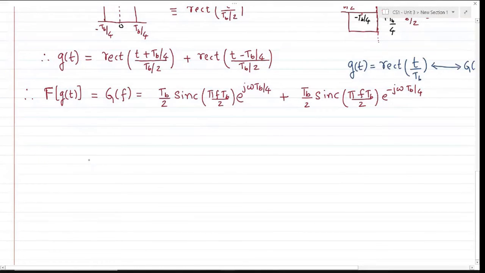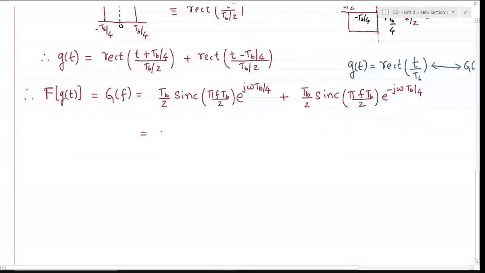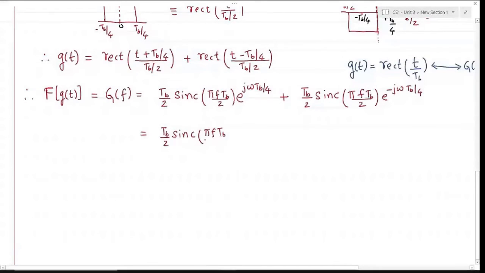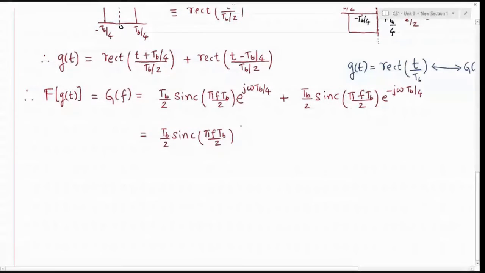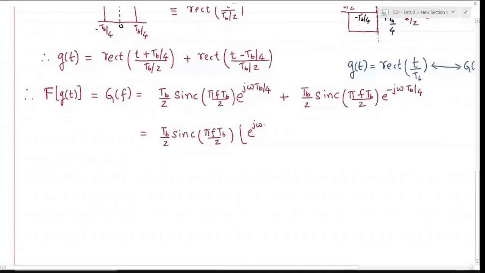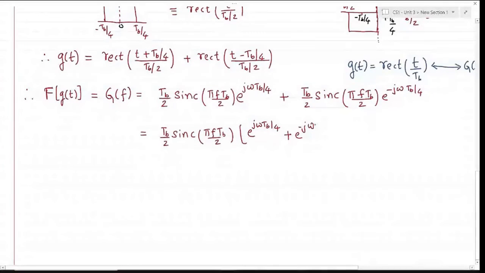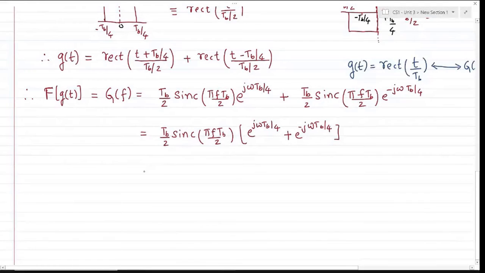Finally I can simplify this: the sinc function is common, which is tb over 2 sinc of pi f tb over 2. What I am left with is the exponential part, the addition of these two exponentials, which are complex conjugates of each other. Using Euler's identity, this is nothing but j sine theta.